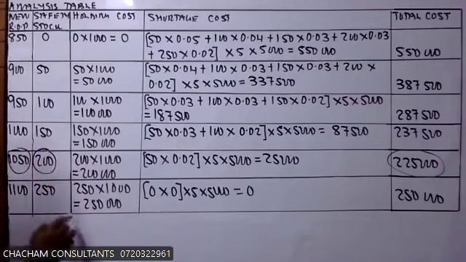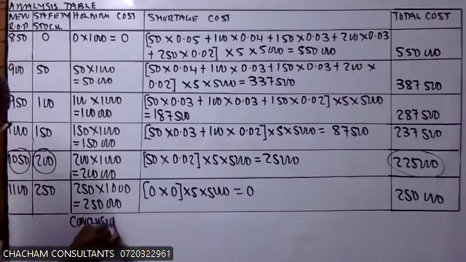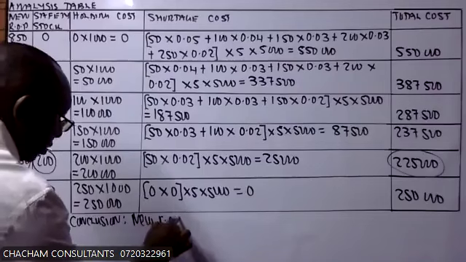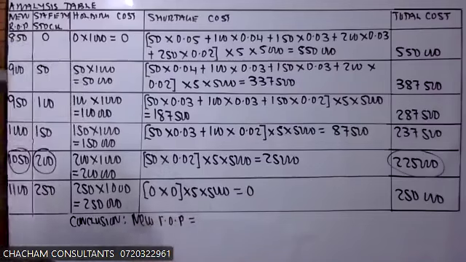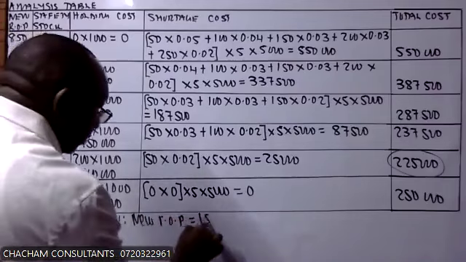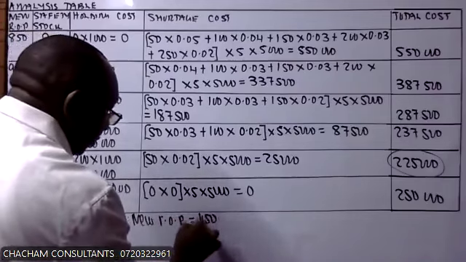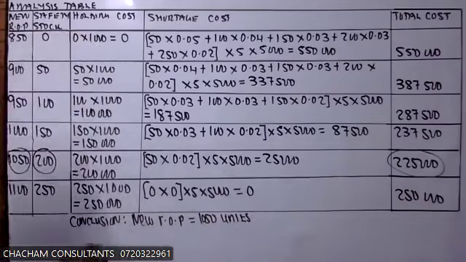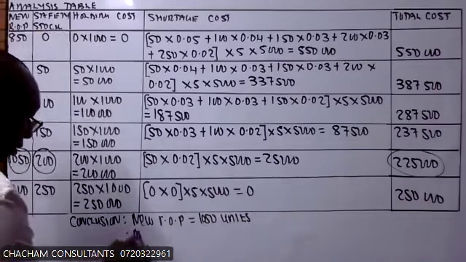In your conclusion or summary, you are supposed to tell us three things. One, what is the new reorder point? The new reorder point we have found is 1050 units. The next thing you should tell us is the optimal safety stock.